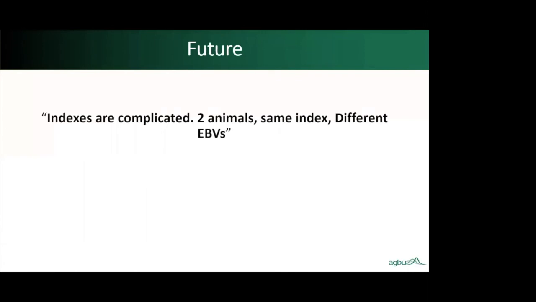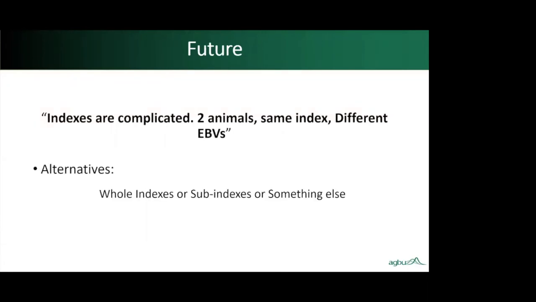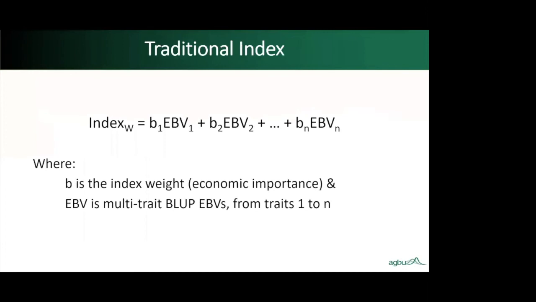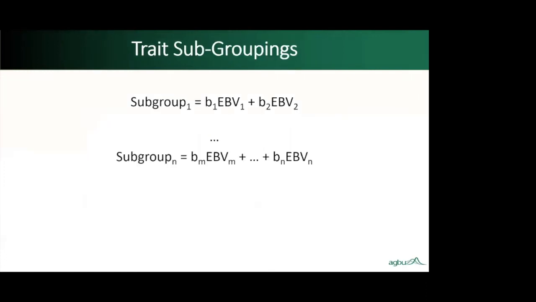Driven by feedback such as that displayed on the screen, we've been looking at alternative ways of demonstrating the effect that an animal's genes have on commercial profitability. This has led to the development of a software system called Desirable, which Laura Penrose will talk about in the next presentation. Traditionally, the equation for indexes has been written out as the EBVs multiplied by their respective economic importance.